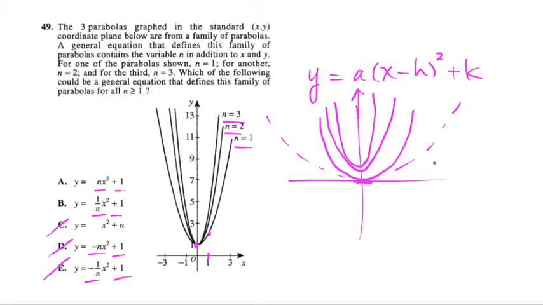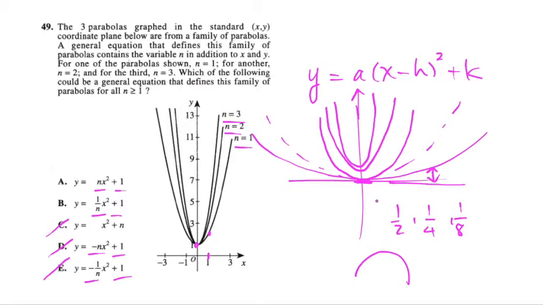Now, if that number is approaching 0, like 1/2 or then 1/4, 1/8, if it's getting smaller, not negative, because negative, remember, is going to make it upside down. But if that number is approaching 0, it's getting wider. And the distance between the parabola and the x-axis is getting smaller.